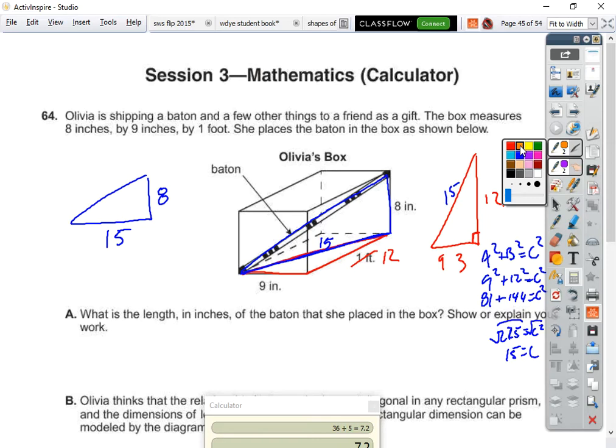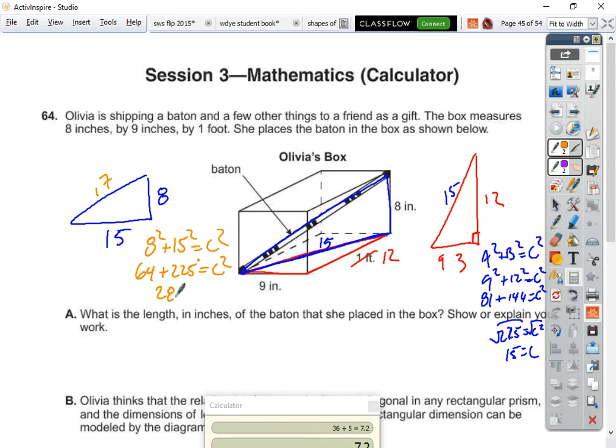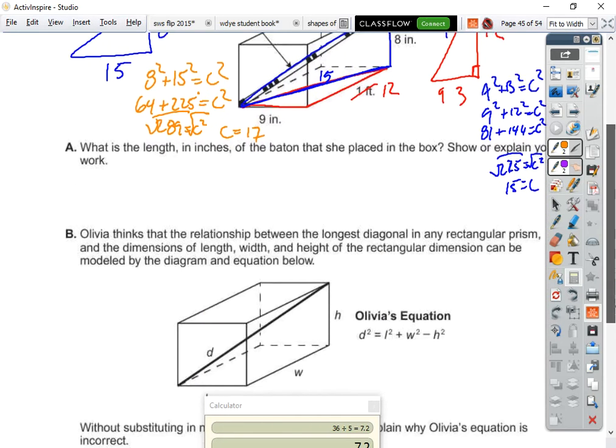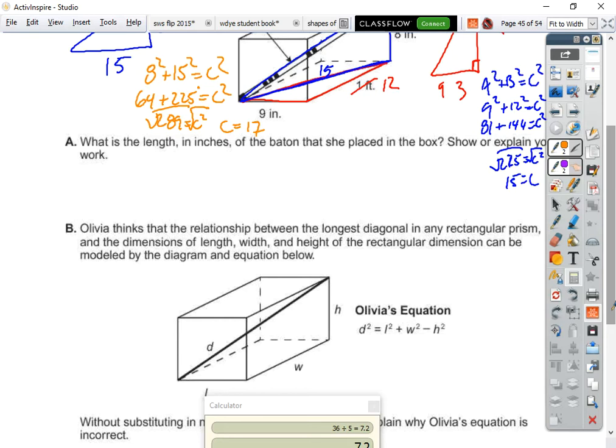Ever popular 8, 15, 17 right triangle, but we can do 8 squared plus 15 squared is equal to c squared. 64 plus 225 is equal to c squared. So adding it together, I get 289 is c squared, square root, and so I get c is equal to 17. What is the length in inches of the baton that she placed in the box?